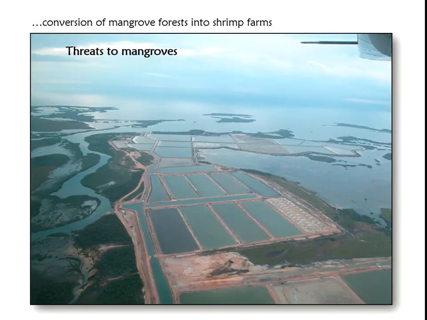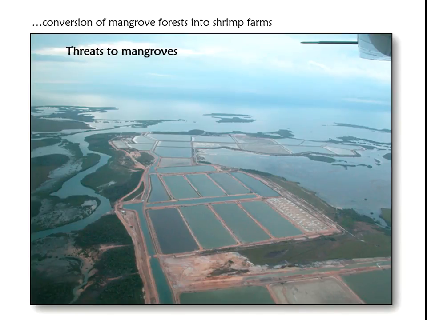Up until about 2-3 decades ago, globally, like 35% of the world's mangroves had been destroyed, converted from something else, impounded, diked, filled in, like Maria Sanchez's marsh over there.